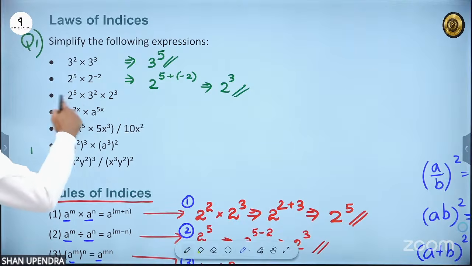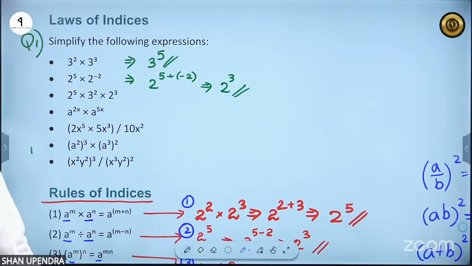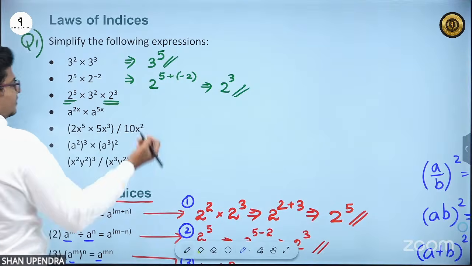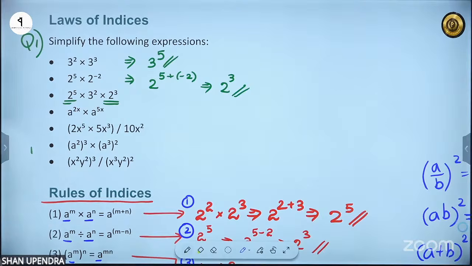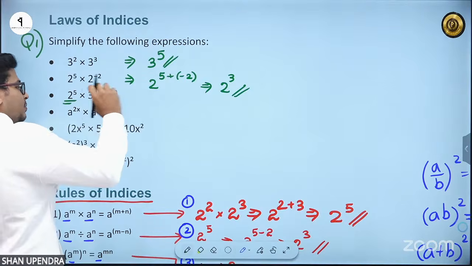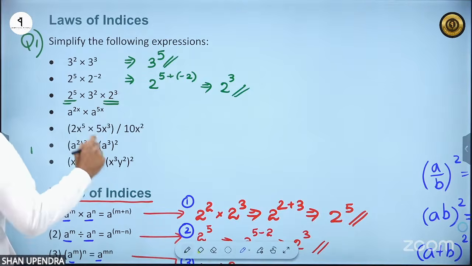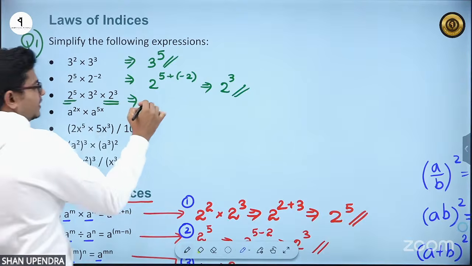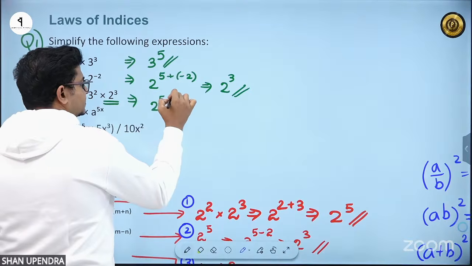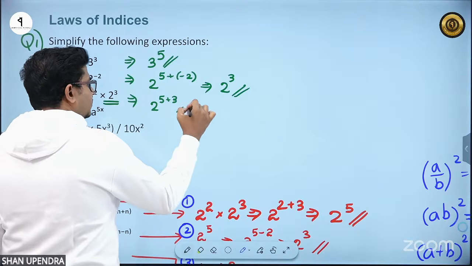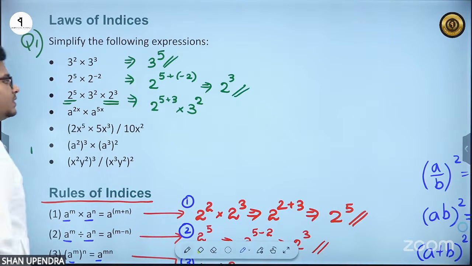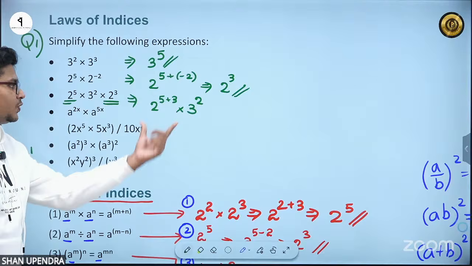Here, how do you solve this one? You can see same base value, but 3 is not the same base value, so you can't represent this as one equation. You can write 2 to the power 5, 2 to the power 3, it's 2 to the power 5 plus 3, into 3 to the power 2. These are two different base values, so you can't add these two together.